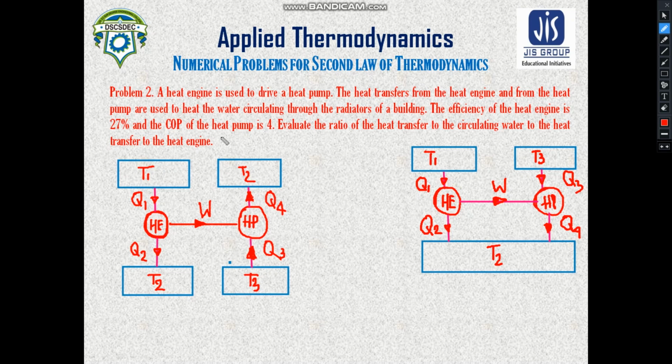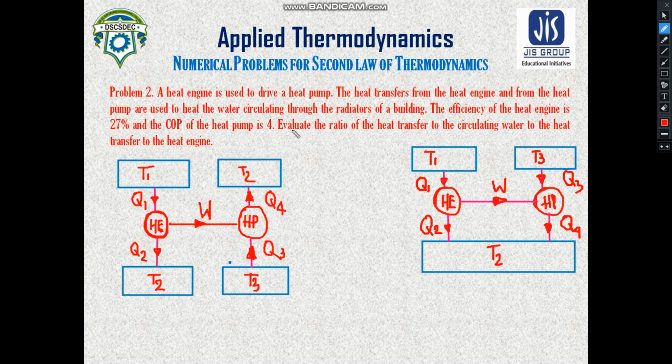So as per the problem, you can see this heat engine is used to drive the heat pump. That means the work which is being produced by the heat engine is completely utilized to drive the heat pump. That means the work input of the heat pump equals the work output of the heat engine.